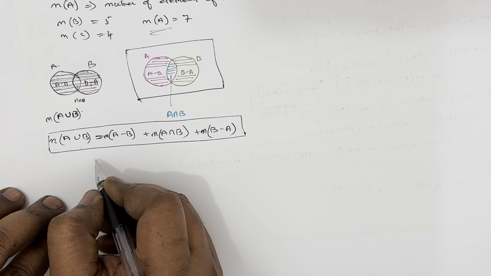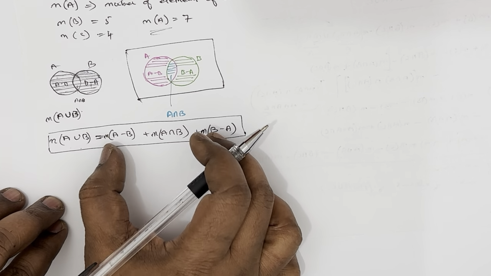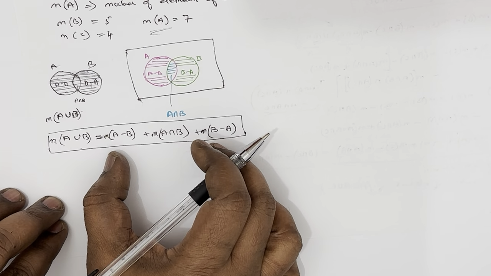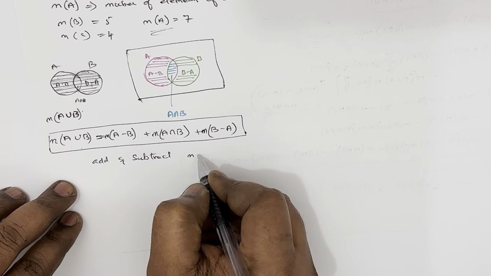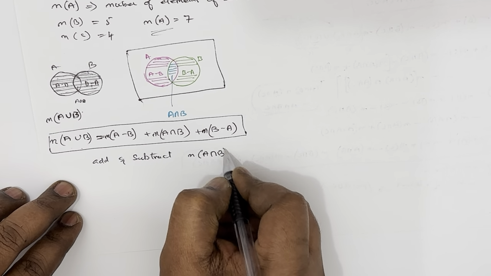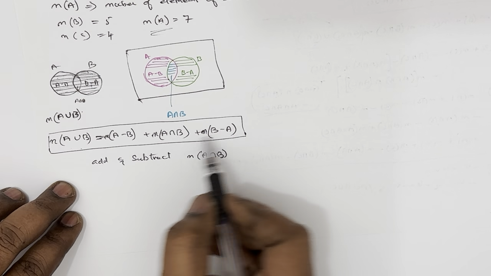So now let's modify this to a simpler version. For that, let's add and subtract N of A intersection B to this in the right hand side.